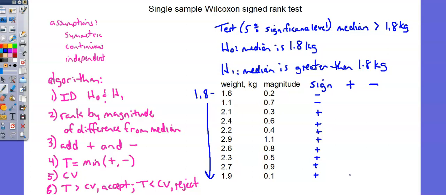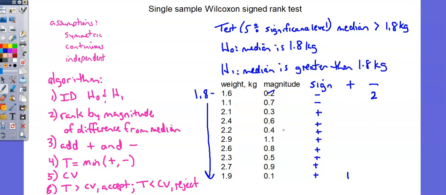Which column does the 1 go in? That has a positive sign. That was a measurement greater than the median. So in the positive column, the ranking of 1 will appear. Scanning, the next magnitude going from small to large is 0.2 at the top. That has a sign of negative, so I'm going to put the ranking of 2 in the negative column.